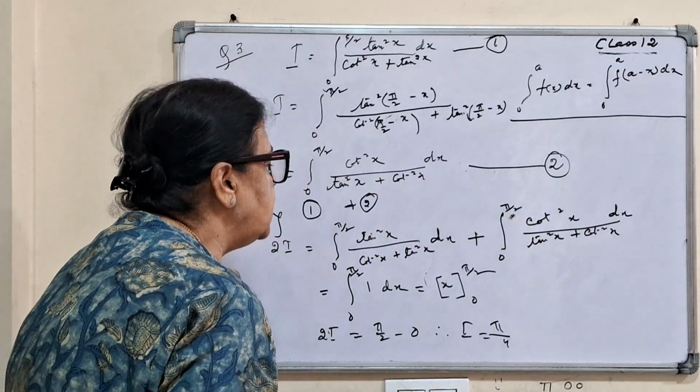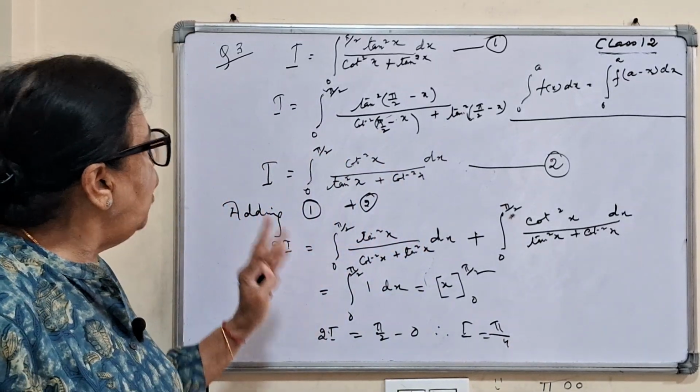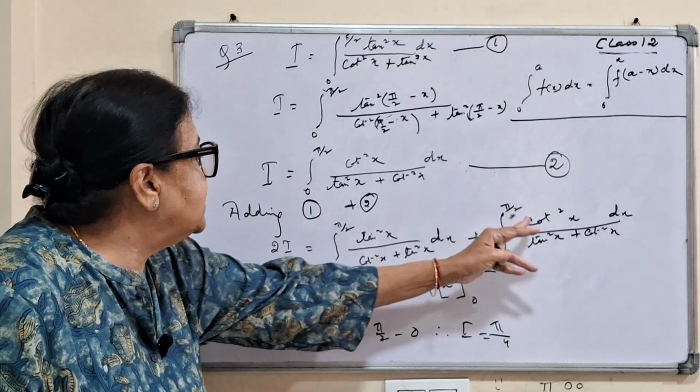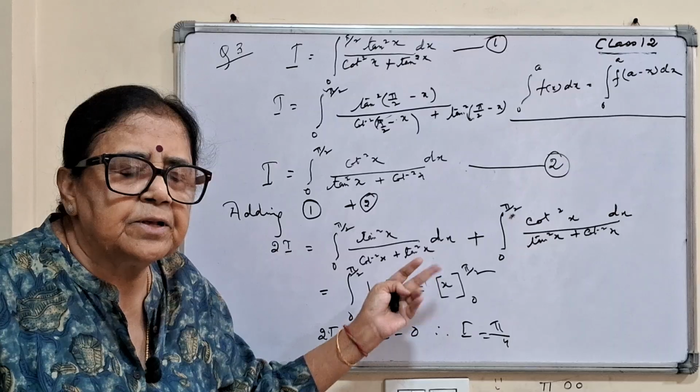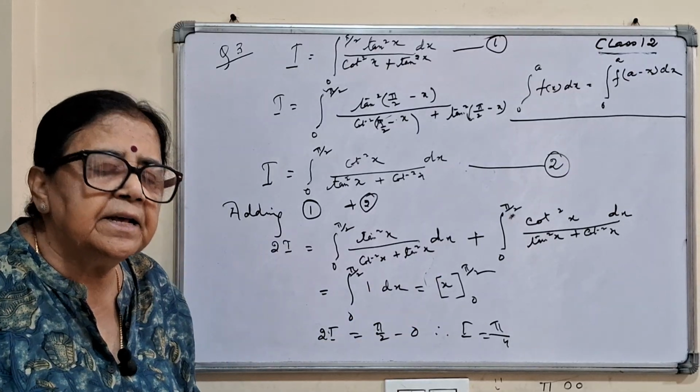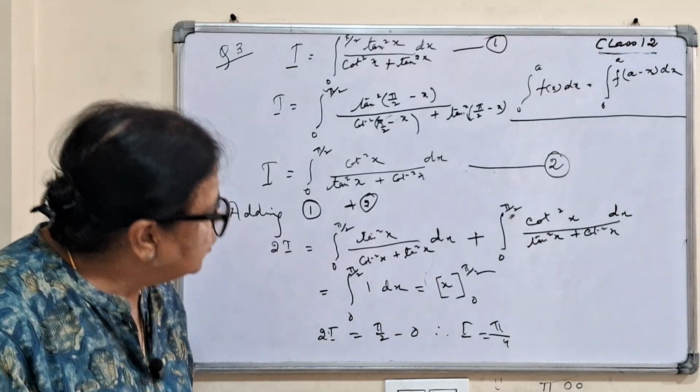The 0 will vanish. Now, have you followed that if I add these two, the top is tan square x plus cot square x, and the bottom is also tan square x plus cot square x? Have all of you followed? Yes.